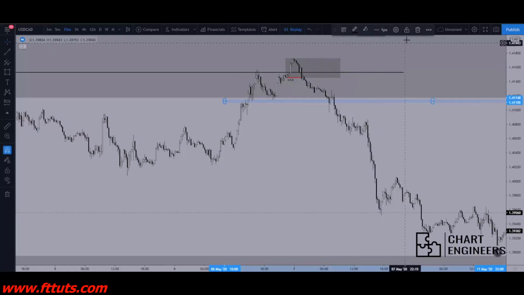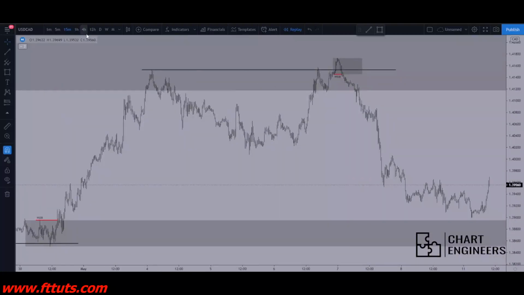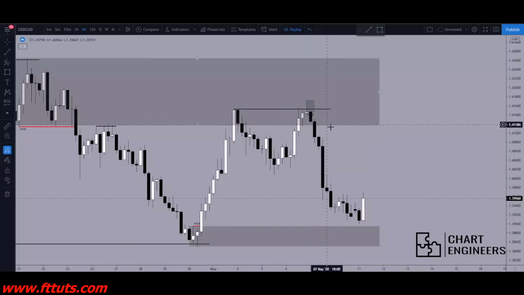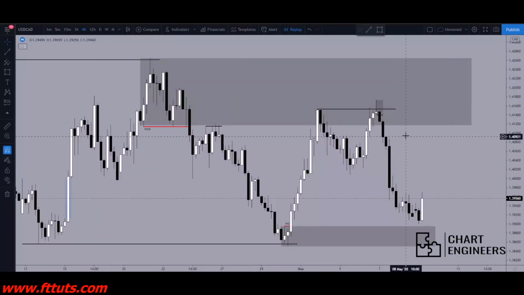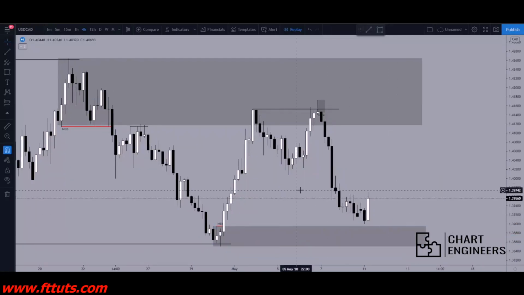But of course, feel free to shave part of the position and leave a runner, and then just let that either go all the way down or just stop you out at break even or something. But personally, I prefer to just close my trade after a couple of R. And now, as we can see, we still have this breaker zone lower, so it hasn't quite come into it yet.